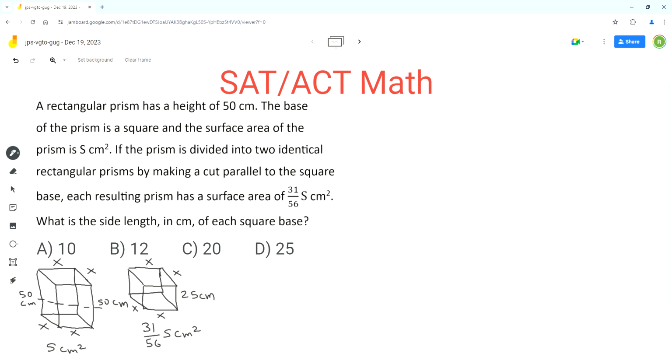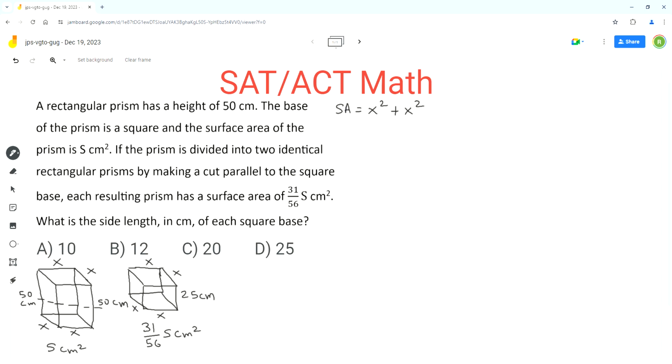Next, we have to write the equation for the surface area of these two rectangular prisms. So let's start with the bigger prism. The surface area is the sum of areas of all surfaces of the prism. The rectangular prism has 6 surfaces. The base is a square whose side length is x, so its area is x squared. The top is another square whose side length is x, so its area is x squared.